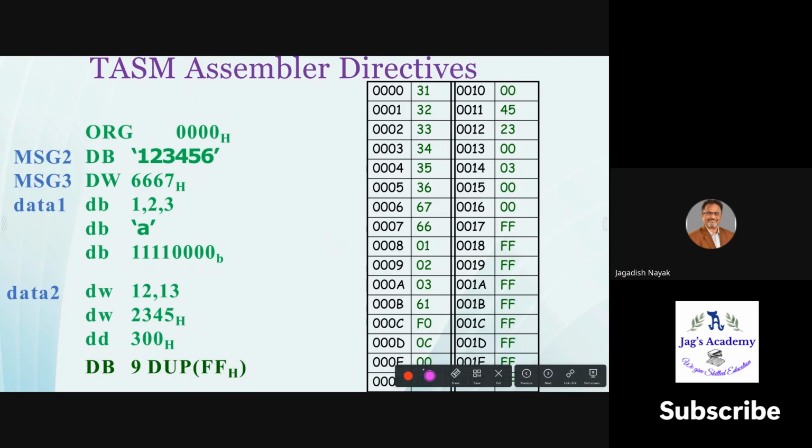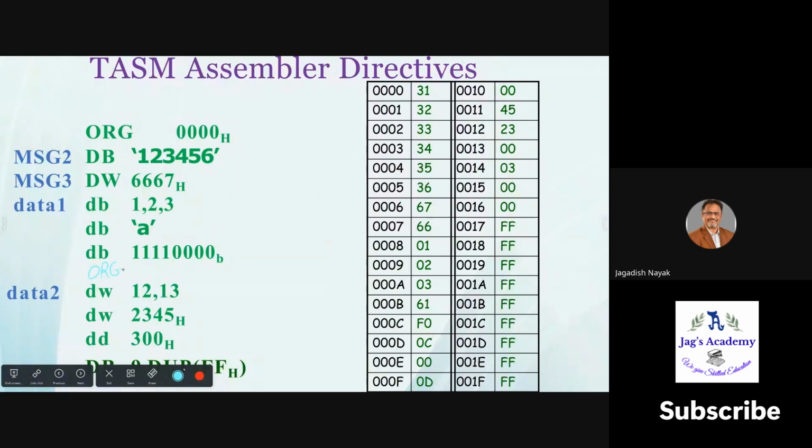All of you understood now how the data is stored in continuous memory. Now, suppose I give you one question. If I change my ORG, somewhere I'll put ORG 400H.